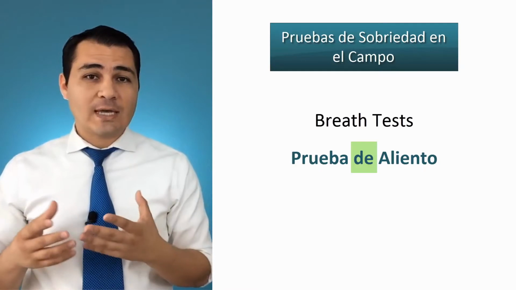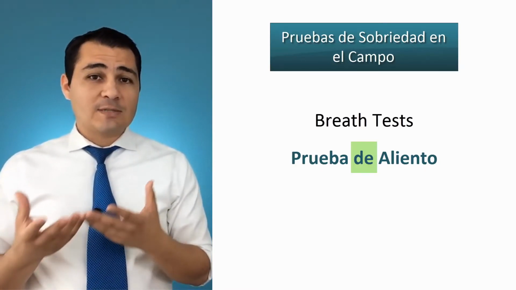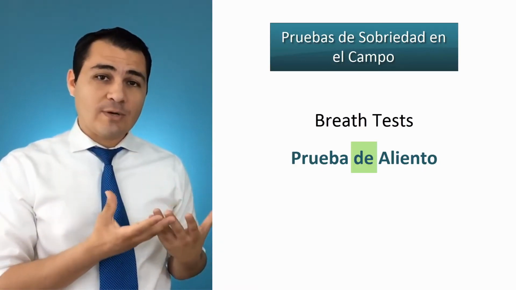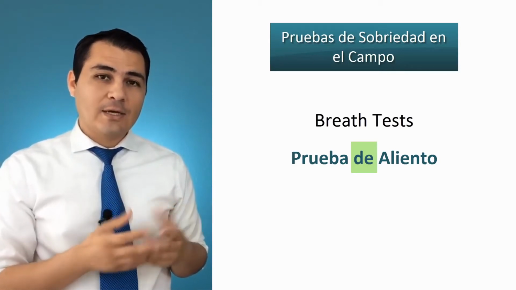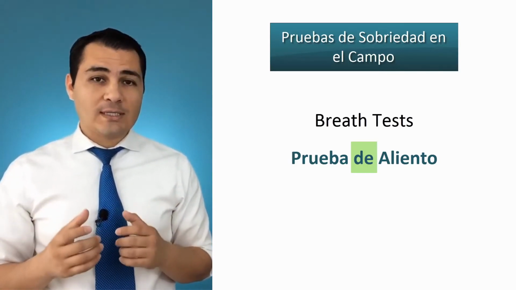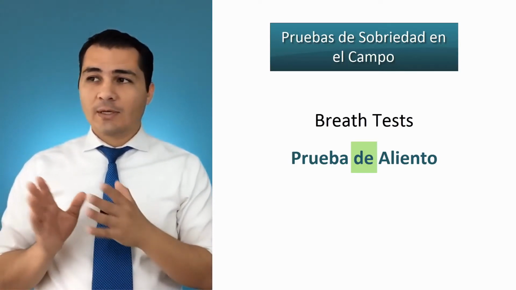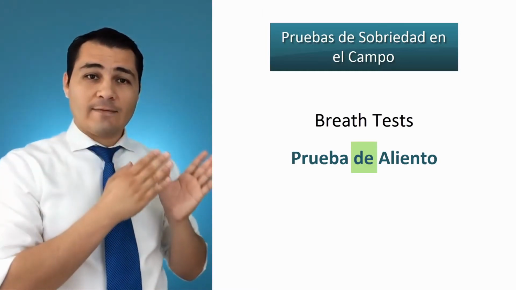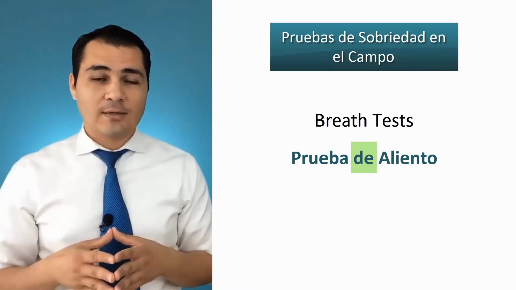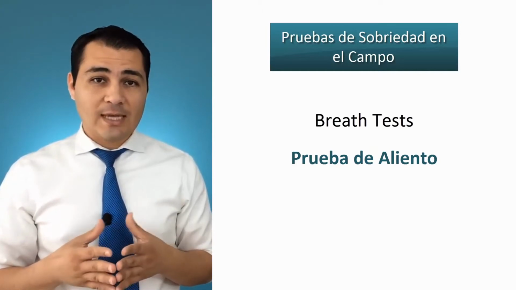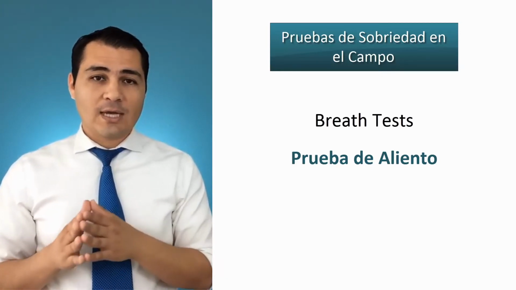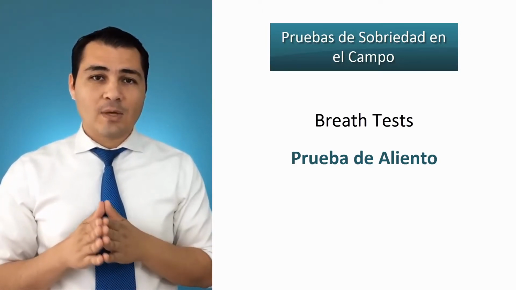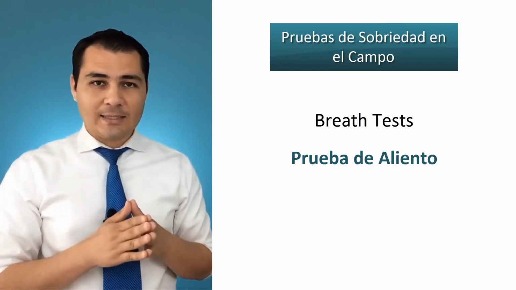In this case, when we say prueba, in Spanish we have to follow up with the description of that prueba, of that test. So preposition de tells you, well, this kind of test is of the breath kind. That is one use for preposition de. So again, breath test, prueba de aliento.